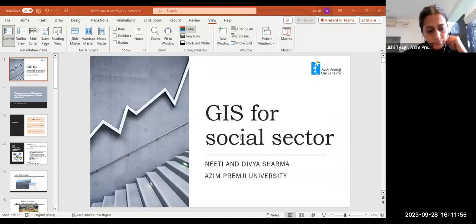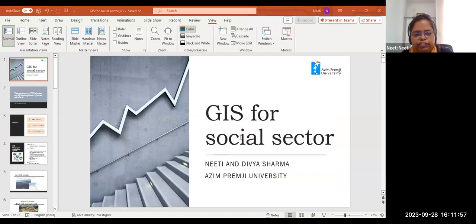Okay. So I'll briefly introduce what is GIS, and I will give an overview of a few of the applications in the social sector. And then my colleague Divya is going to talk about a detailed case study, how participatory GIS can be used. When we talk about GIS, it constitutes three terms: geographic, information, and system.